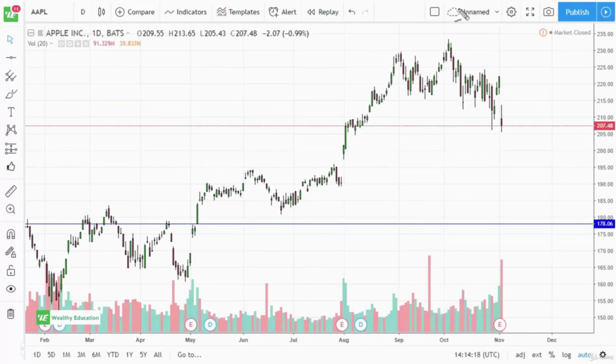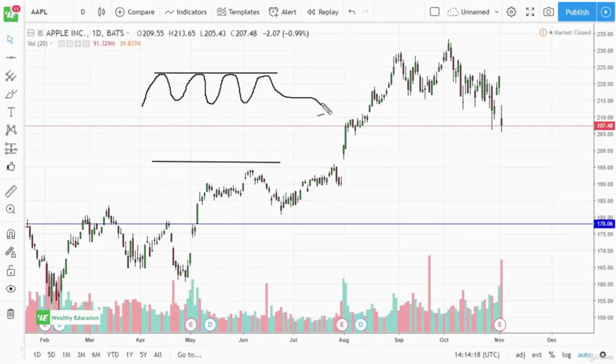So, support and resistance. Support and resistance are simply areas on a chart that buyers or sellers cannot break through. So if you can imagine a stock or any financial instrument for that matter, trying to break above this area here and failing, that is the market resisting price from going higher.